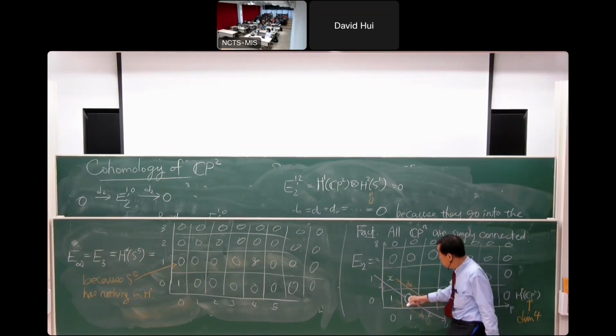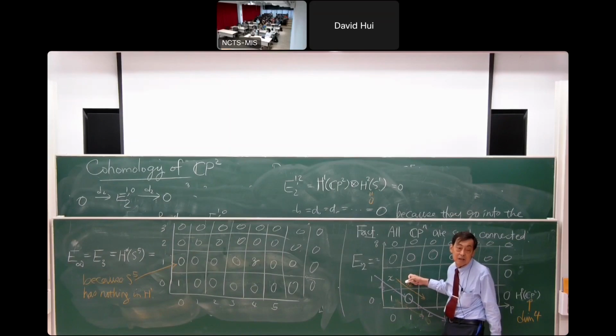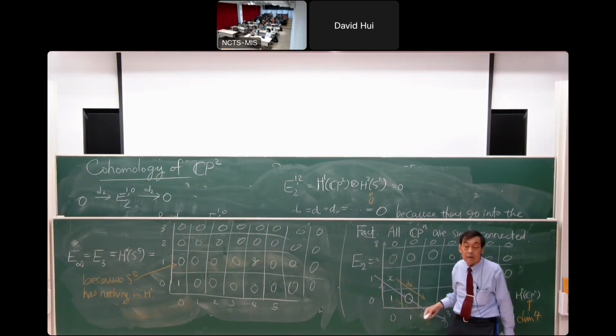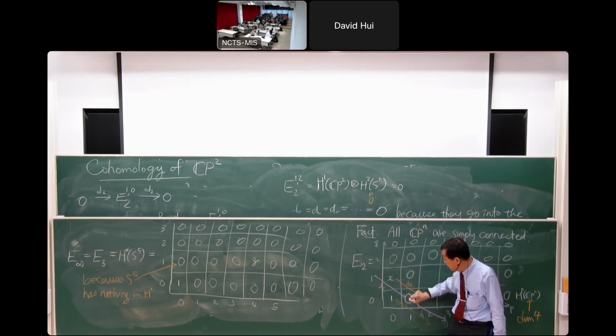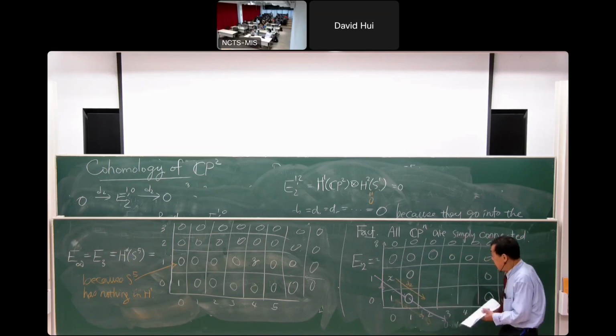And once you know that this is 0, what is this? Remember E2 is the tensor product of the bottom row and the 0th column. So if this is 0, this is 0. You're taking the tensor product of this with 0. Now let's look at this box.